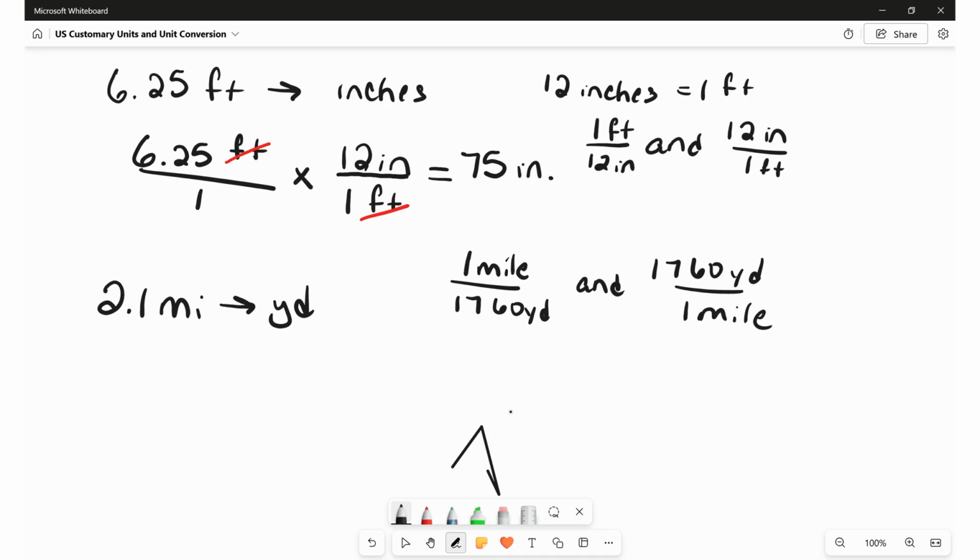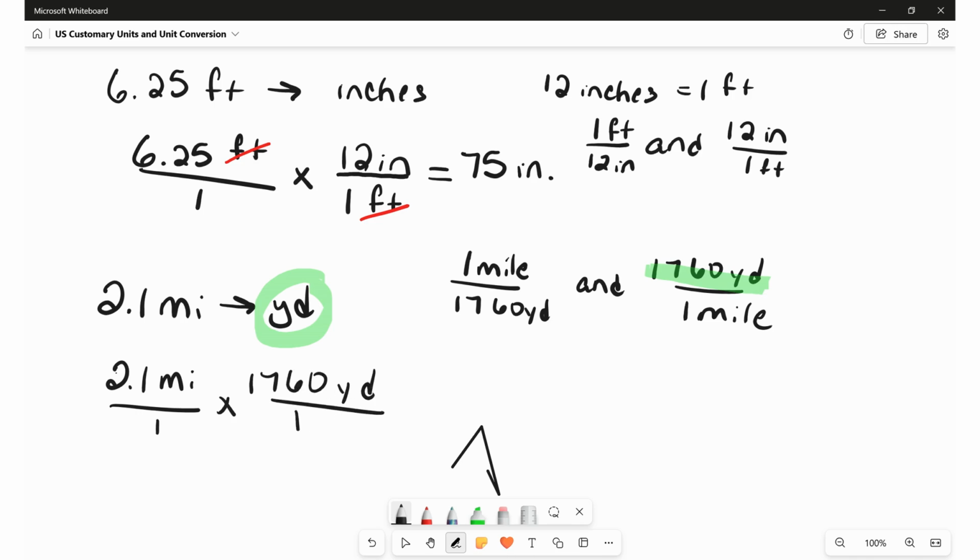Keep in mind that where we are going is what we want on top. So we end up with 2.1 miles times 1,760 yards over 1 mile.